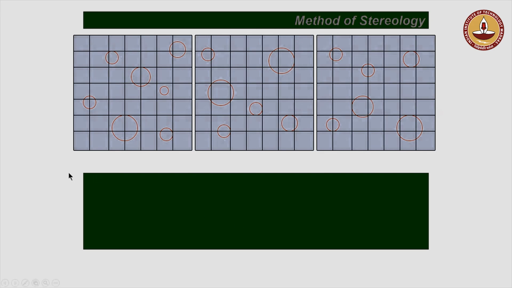Now, this particular microstructure set is the same particles, but now I am focusing on the boundary of the particles, okay, the interfaces of the particles.